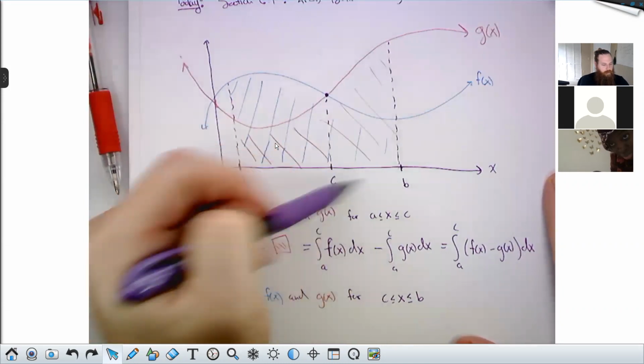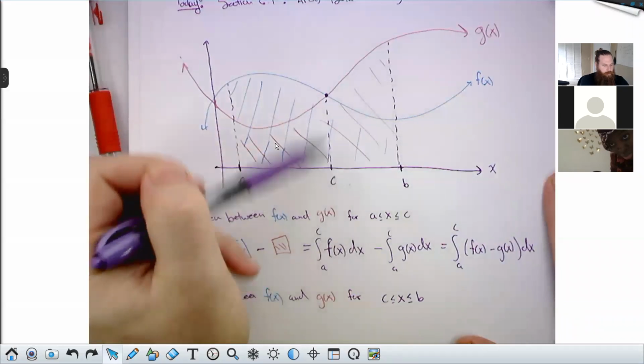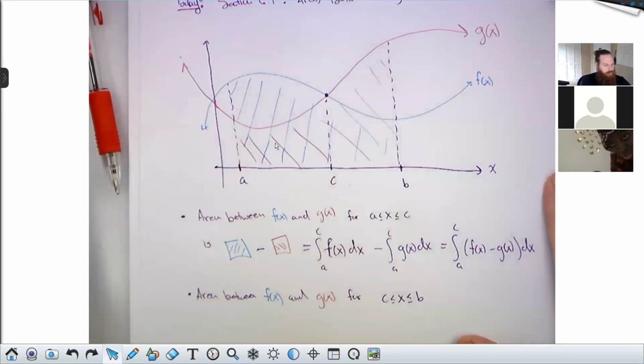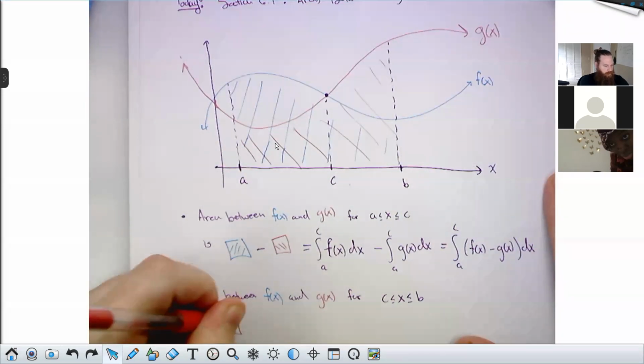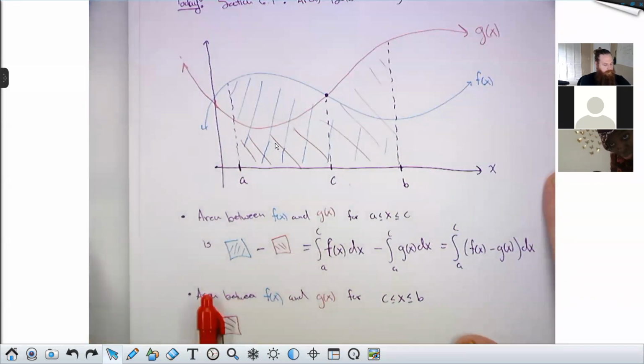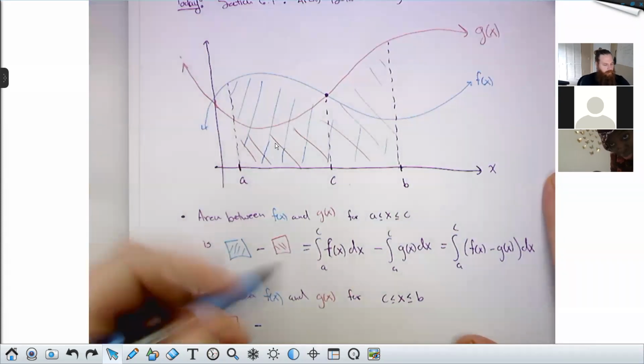So if I take all this red area and subtract out this blue area, because now the red area is larger, that will leave me with the area between them.